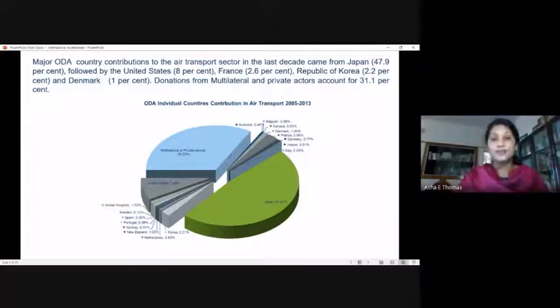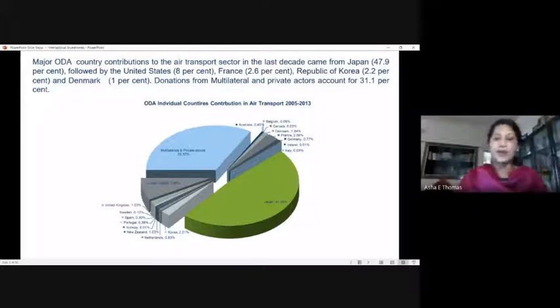Especially in this case, it is for air transport, between 2005 and 2013, where 33.32% was contributed by individuals, the private corporates.